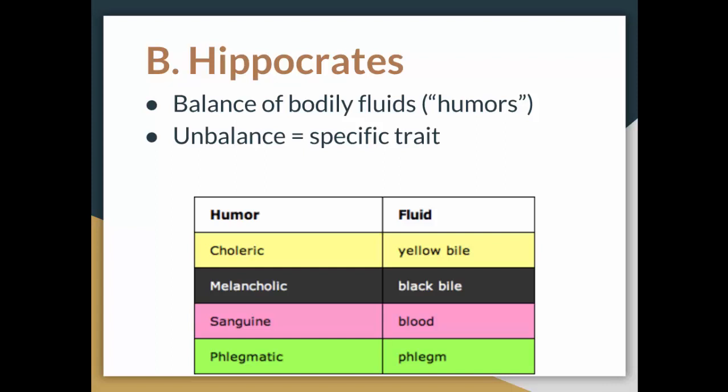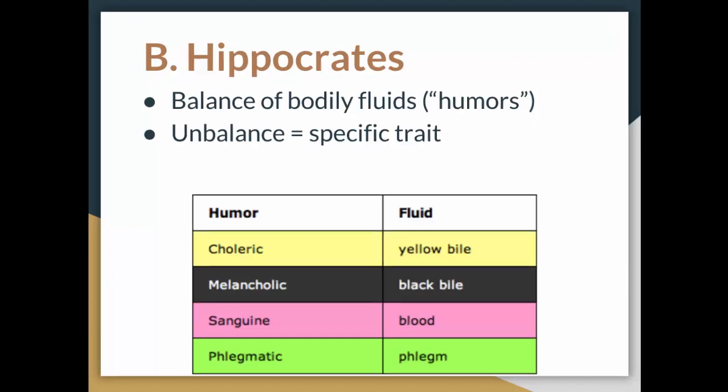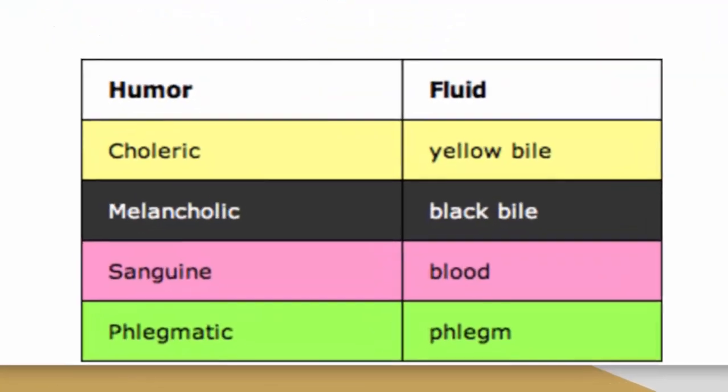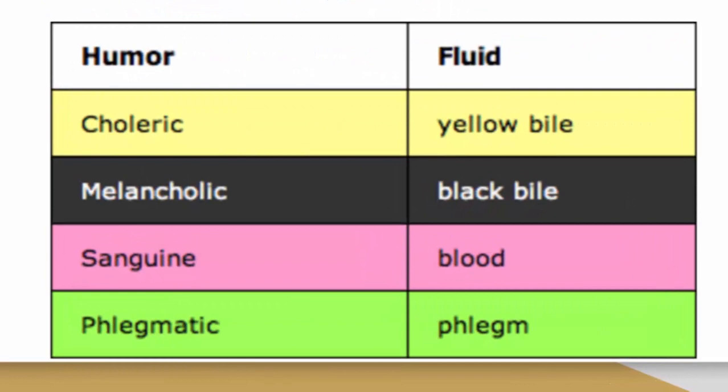He believed that we have different fluids that run through our body that are produced in different organs of the body, and that in order to be psychologically healthy, we had to have all of these different fluids in balance. And if they weren't, then they displayed themselves in some sort of a temperament, or what he called humors. So you can see in this chart here the different fluids that he thought correlated to a specific humor or temperament in a person based on how much was in their system at any given time.